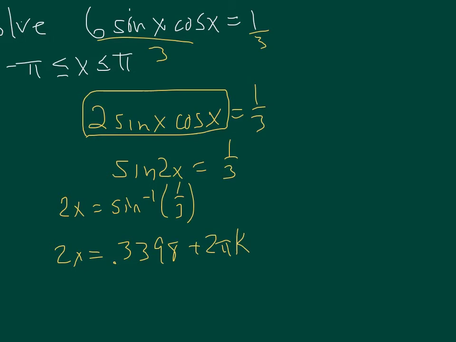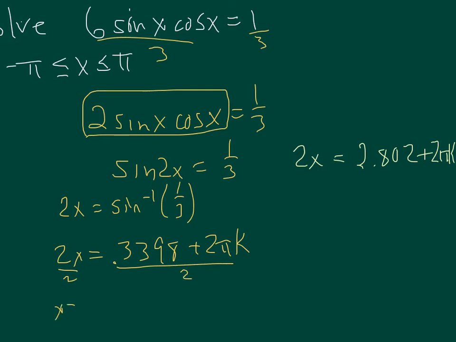Or the sine is also positive in quadrant 2, so 2x could also be 2.802 plus our good friend 2 pi k. Now we solve for x, so divide by 2 on both of these.